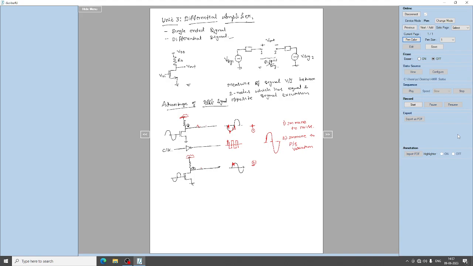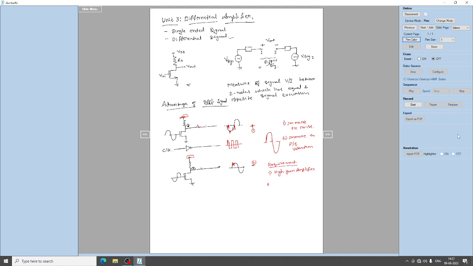So looking at this waveform, what are the requirements of having the differential signal? One of them is a high gain amplifier, high gain amplifier, right?